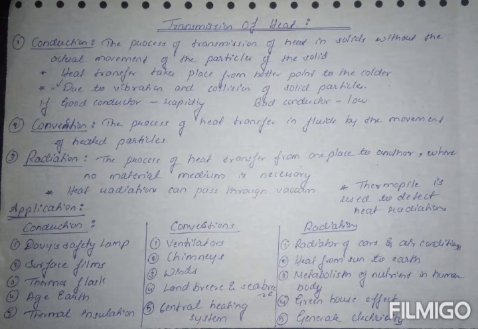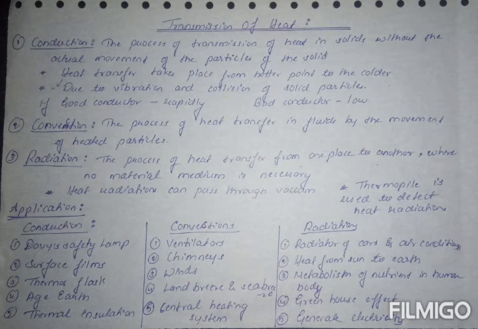For example, if we take a flask and put some water in it, and below that we put a fire, then due to that heat, some heated bubble-like particles will move around the flask. That is called convection.